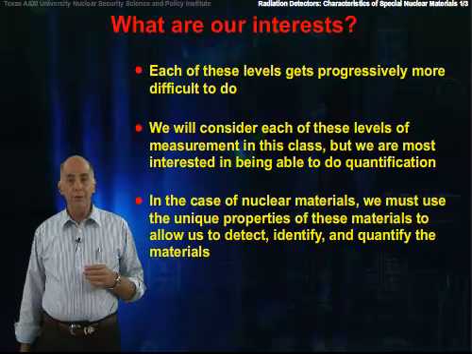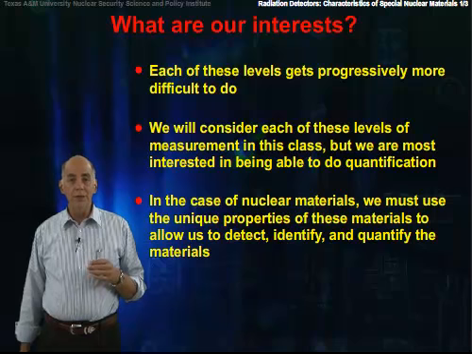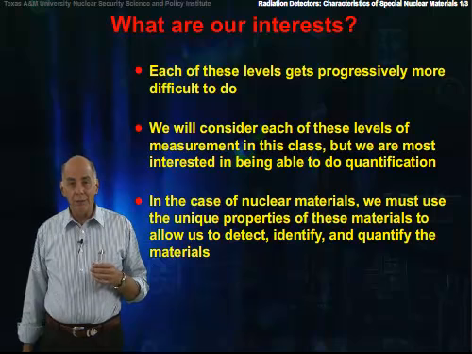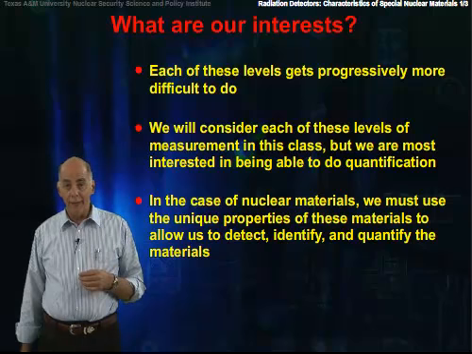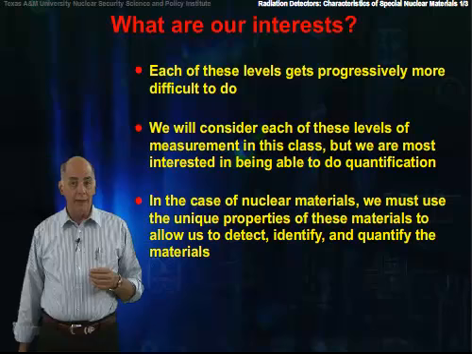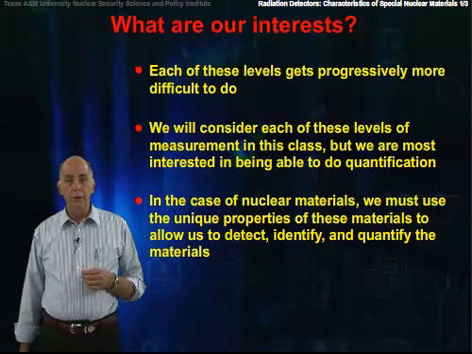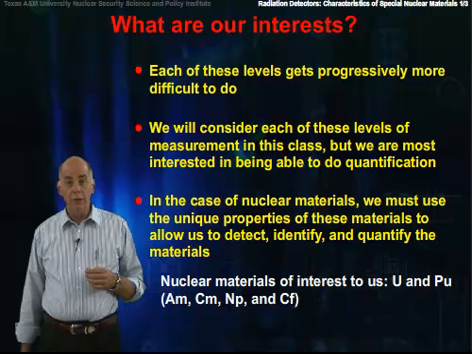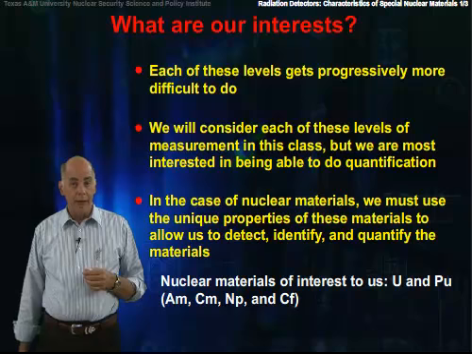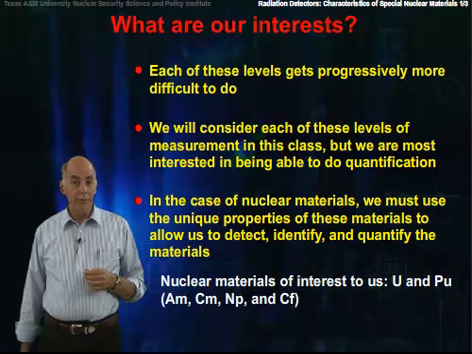In the case of nuclear materials, we use the unique properties of these materials to allow us to detect, identify, and quantify these materials. The nuclear materials that are of interest to us are uranium and plutonium and the associated minor actinides that come with them: americium, curium, neptunium, and californium.